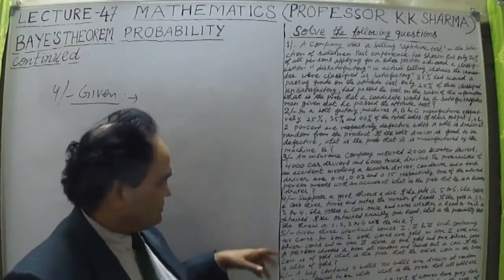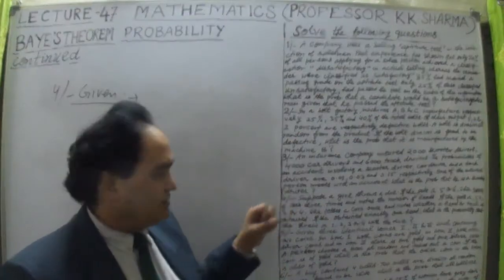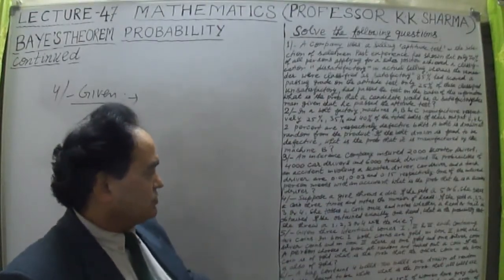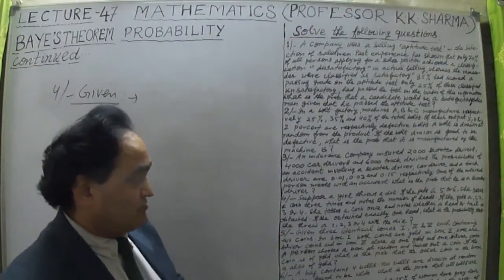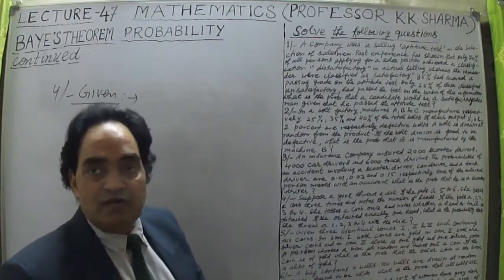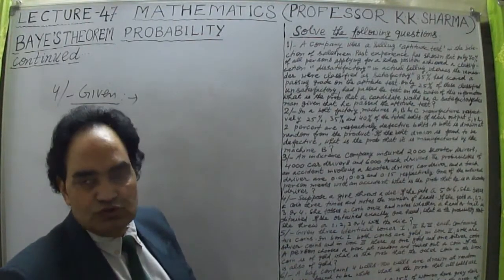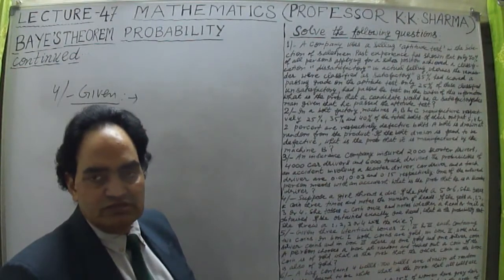Further it says, suppose a girl throws a die. If she gets a 5 or 6, means these two numbers, because there are 6 numbers in a die.